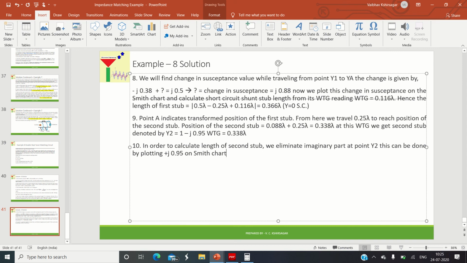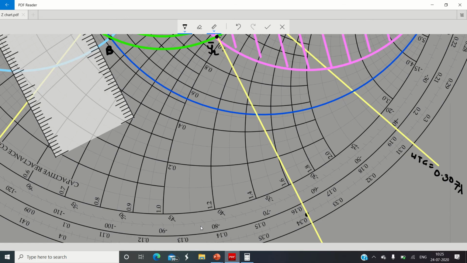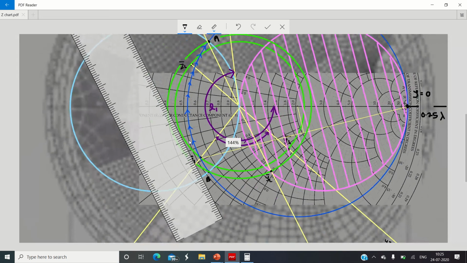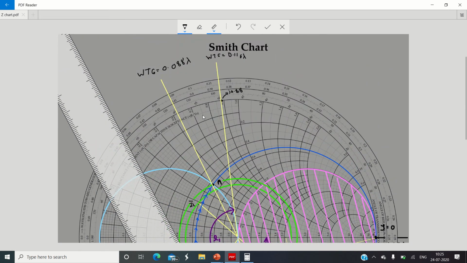What you do is plot the susceptance value positive 0.95. Please follow the sign convention of the original Z chart, so it will be located in the upper half. So where does 0.95 come? Somewhere in the upper.